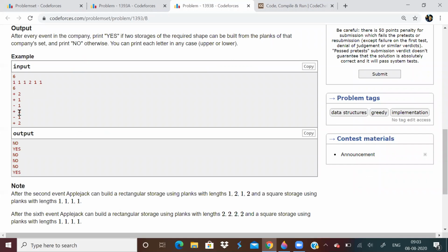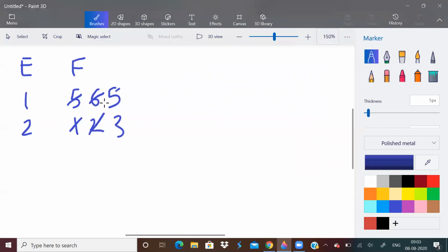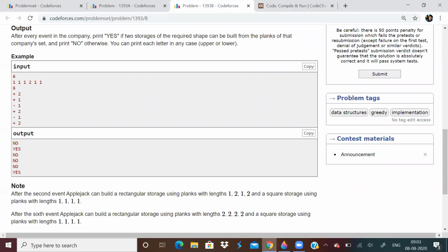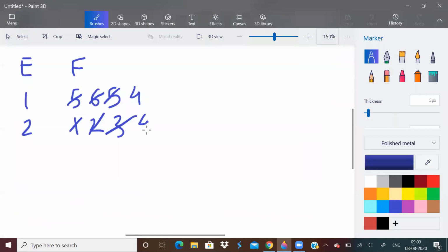So we added 2. We remove 1, so the frequency becomes 4. And in the next operation we add 2, so the frequency becomes 4. Now we have 4 planks of length 1 and 4 planks of length 2. So we can easily make a rectangle.